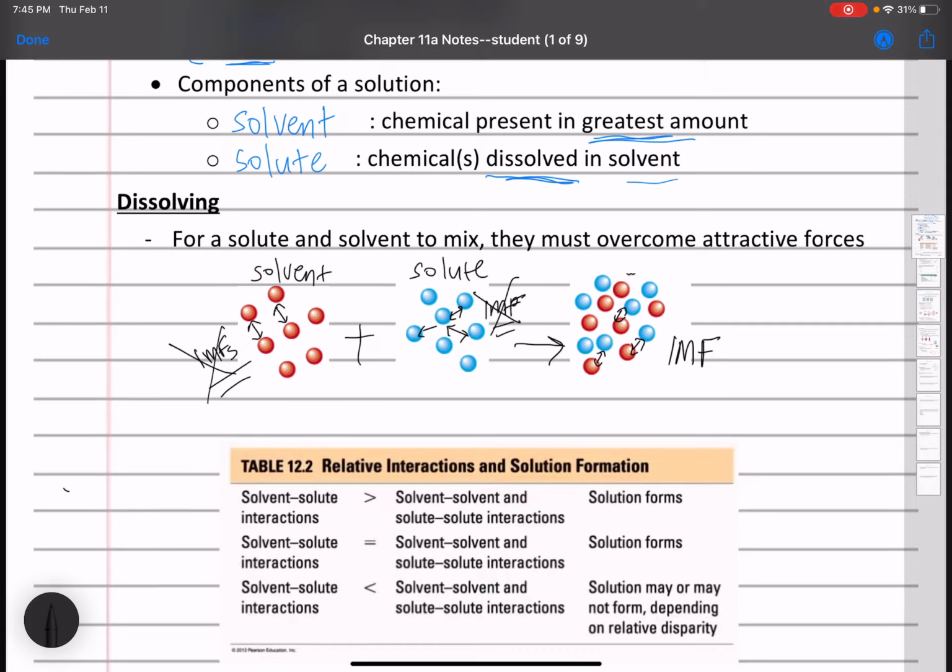So solutions will form based on intermolecular forces or attractive forces. In order for them to mix, they have to be able to overcome the attractive forces within themselves and establish good, strong intermolecular forces with each other.